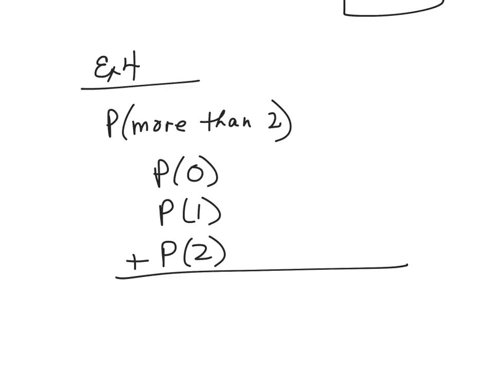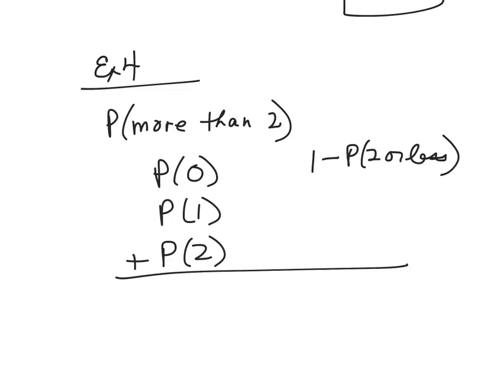And then if I took 1 minus the probability of 2 or less, then wouldn't that have to leave me with the probability of more than 2? It'd have to leave me with the probability of everything else. And that way I'd only have 3 probabilities to figure instead of 8.